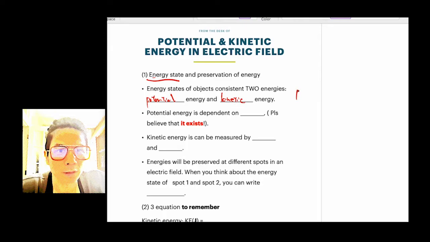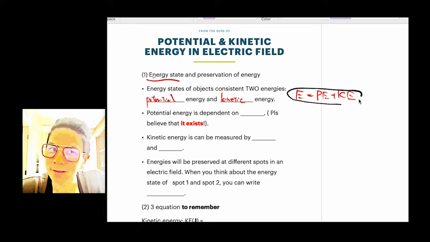So you can write the energy of one state equals potential energy plus kinetic energy. This is one of the most important things you have to understand in this video. If you understand this one, basically 50% of today's lecture is done.